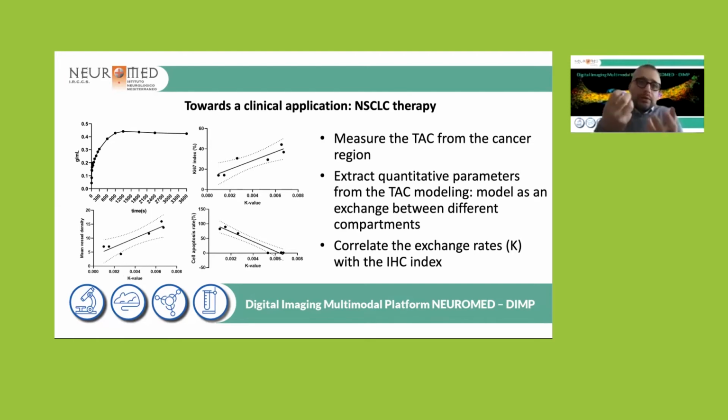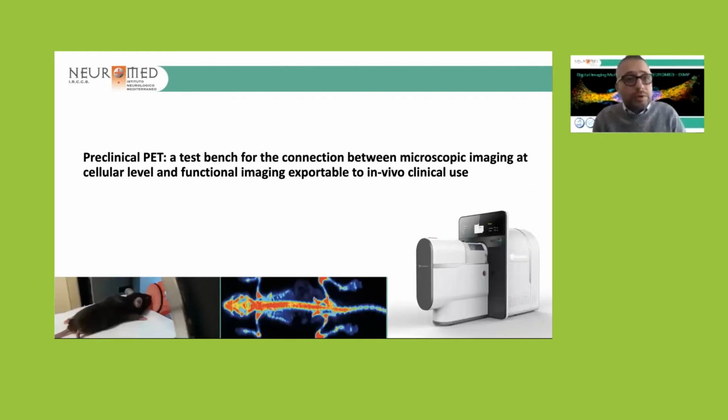What we try to study, the evidence we try to find, is that those parameters have a very strong biological meaning, which is mainly related to the main characteristics of the functional processes in that tissue.